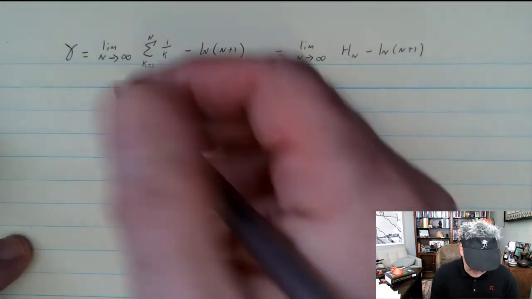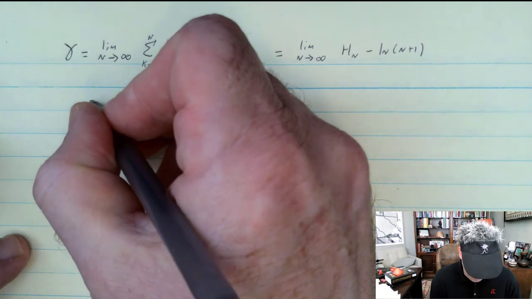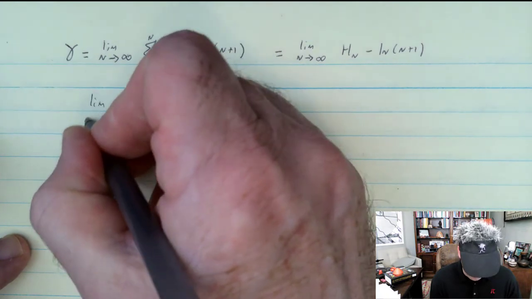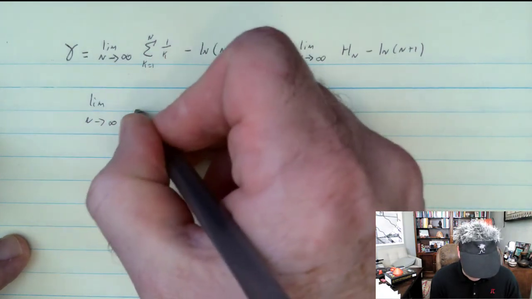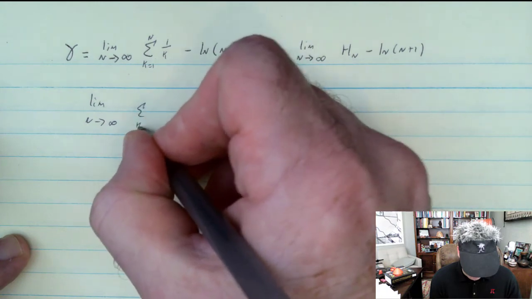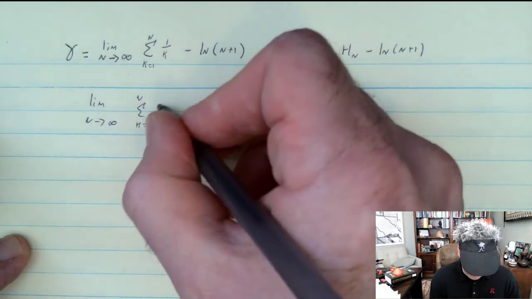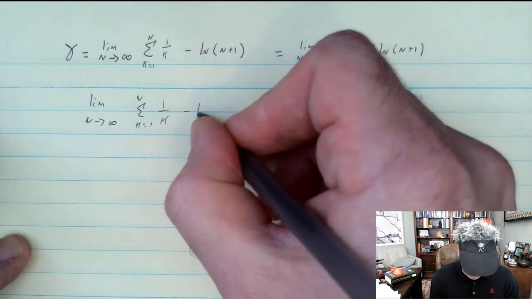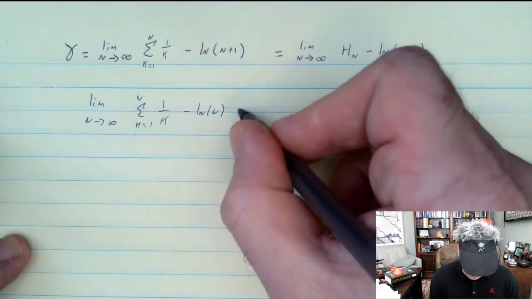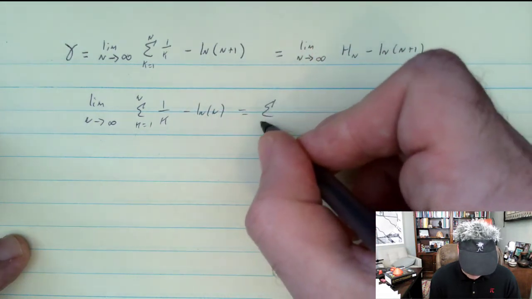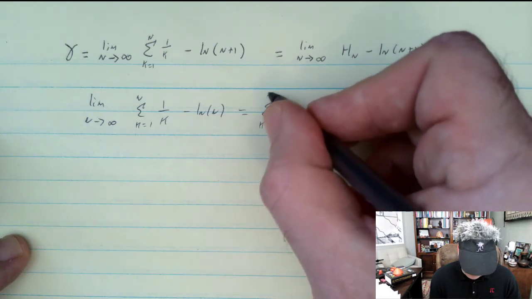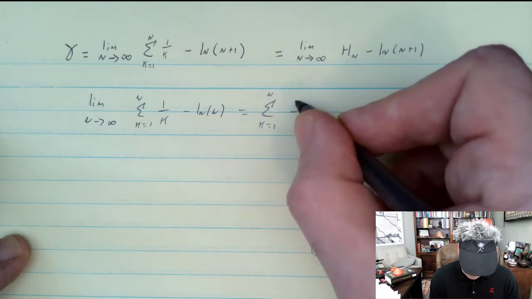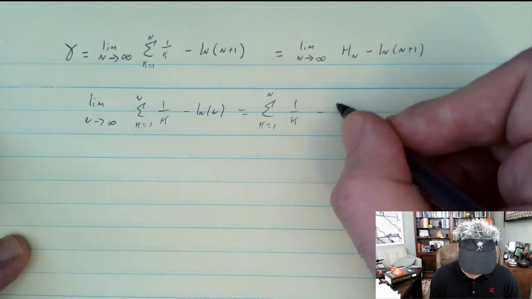It can be defined, and I'll put it this way. If we were to look at the limit as n goes to infinity, sum k equals 1 to n, 1 over k minus log n.